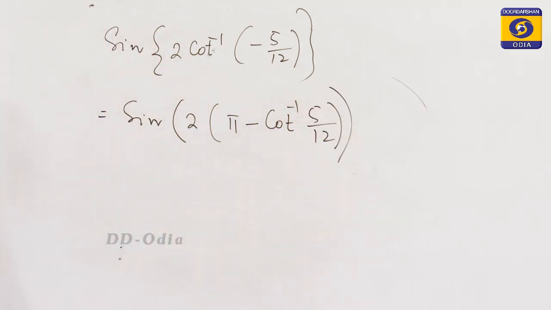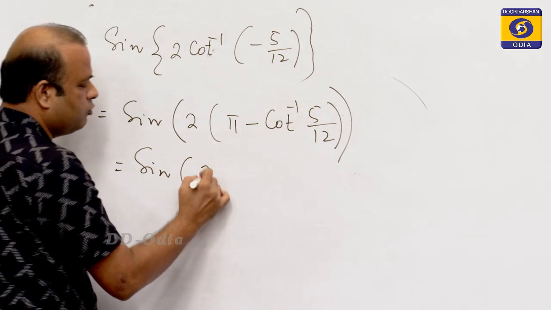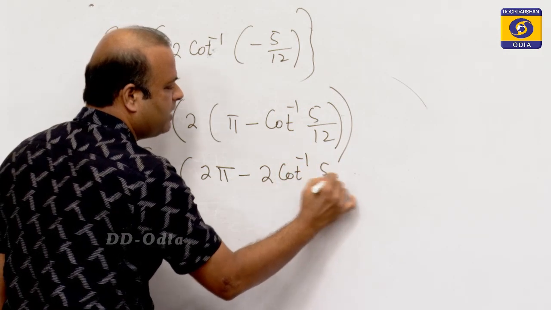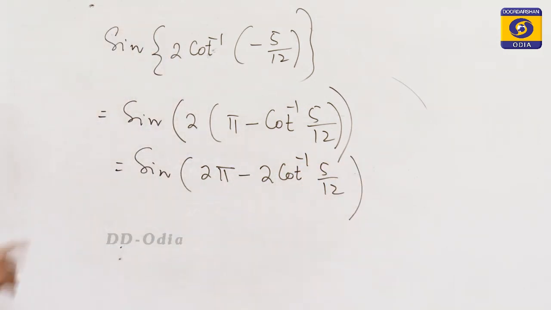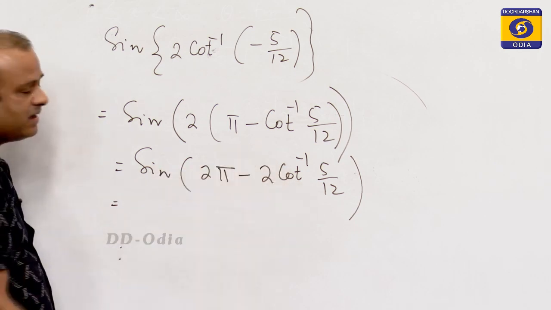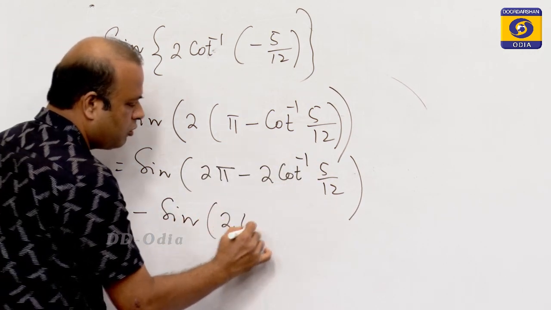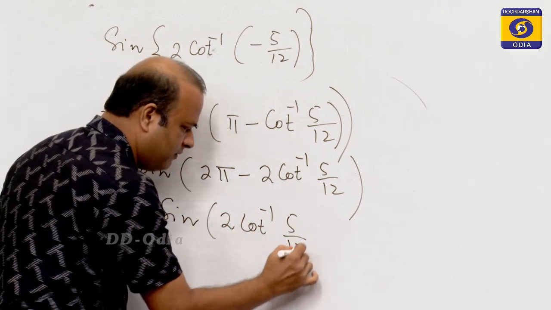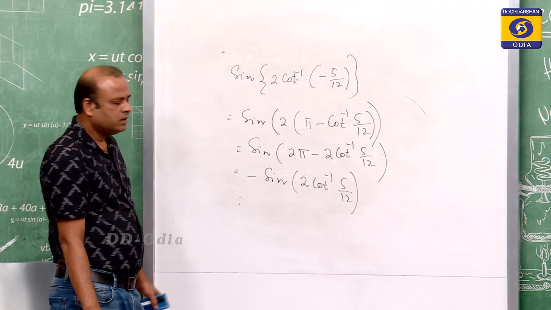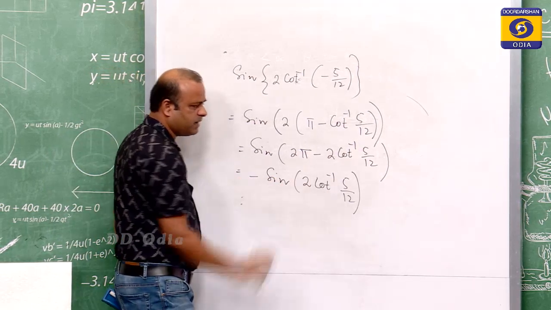Pi minus cot inverse 5 by 12. So multiplying by 2 on both sides, we get 2 pi minus 2 cot inverse 5 by 12, right? Now which is equal to sine of 2 pi minus theta, taking this one as theta, is your minus sine 2 cot inverse 5 by 12.